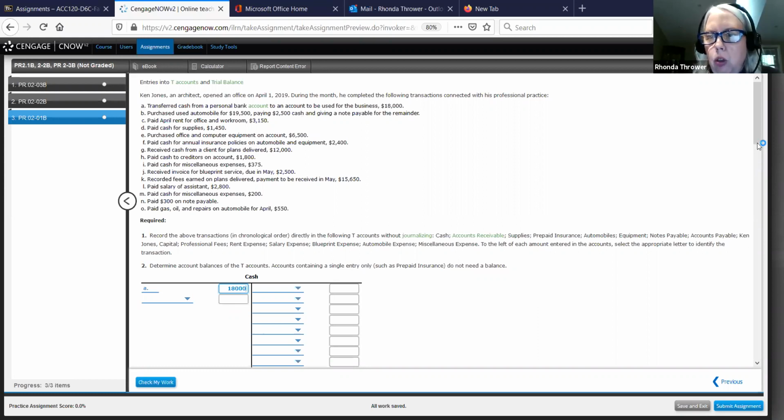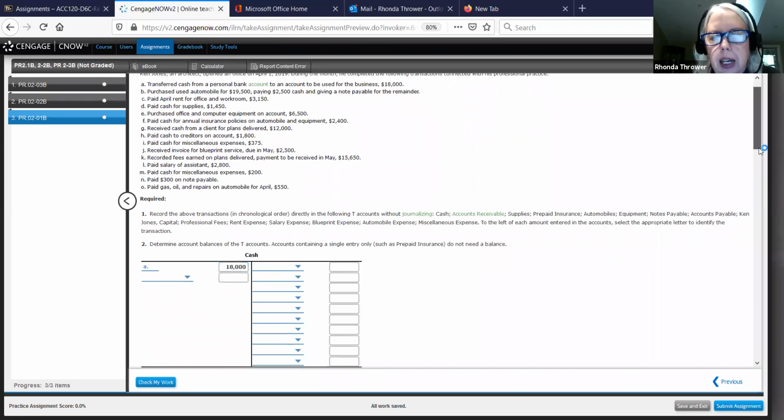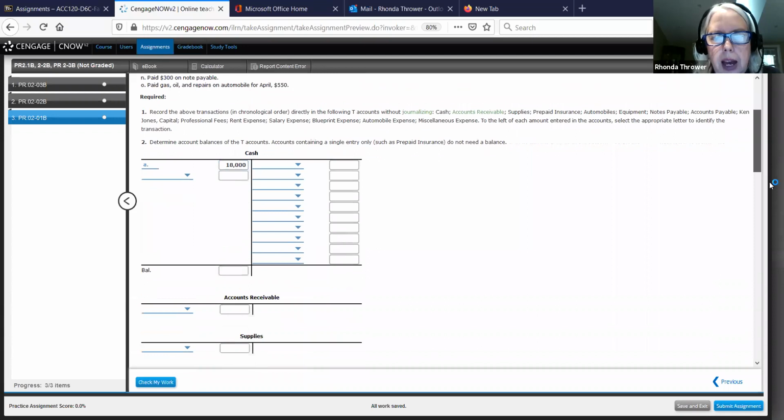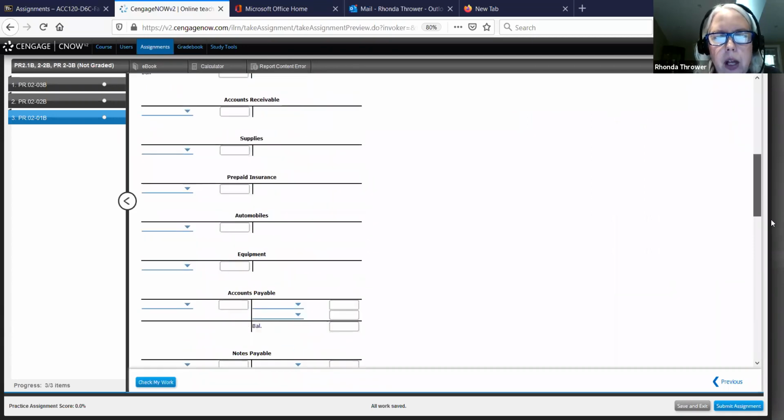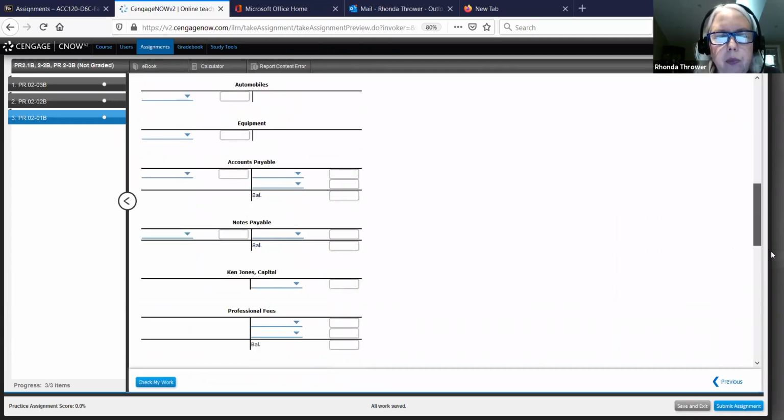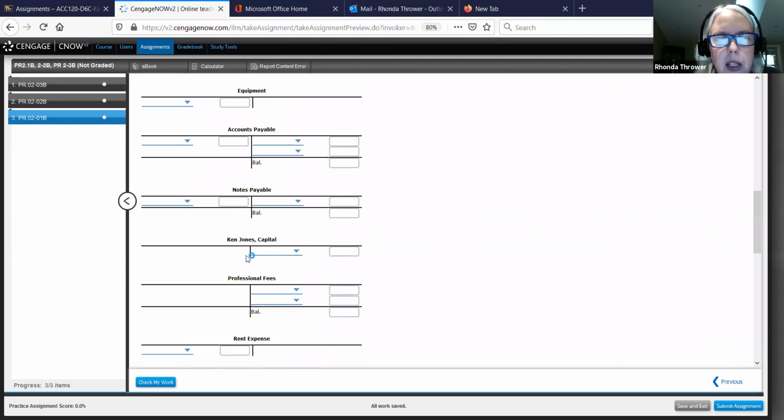So I'm going to look for my T account that has capital as its name. Right here is my T account. Notice there's a left side and a right side, as there are on all of the T accounts. The left side means the debit side. The right side means the credit side.